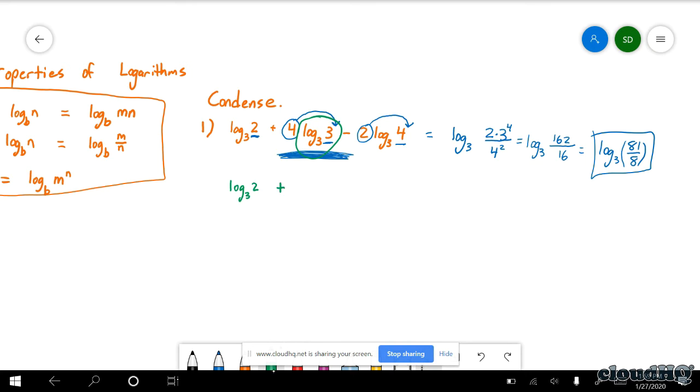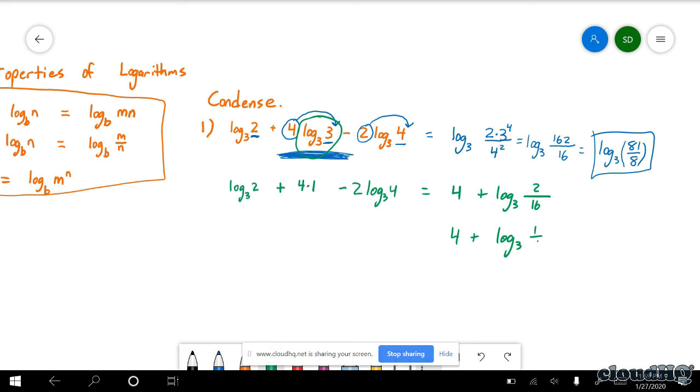If we would have realized that right away, we could have just changed that to 4 times 1, and it's not a log at all. What would we have done in that case? Well, you could have just left that 4 separately, and then we would have had a log base 3 of the rest, 2 over 16, which is 1/8.